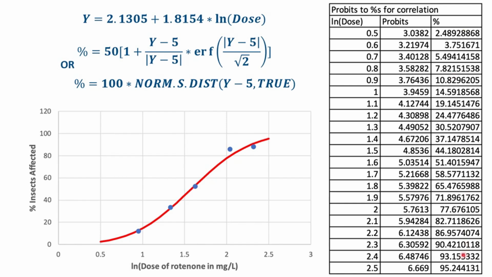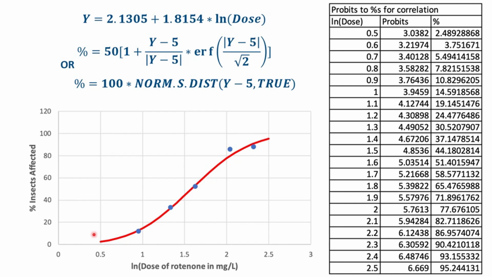So this red line is the plot of my function that I derived in terms of natural log of dose and percentage. And again, we see that this function fits our data very well. So it's a nice validation for ourselves that we went through this the right way.